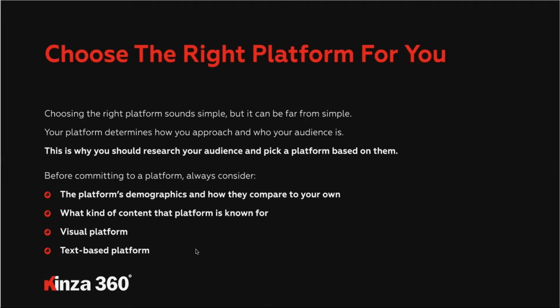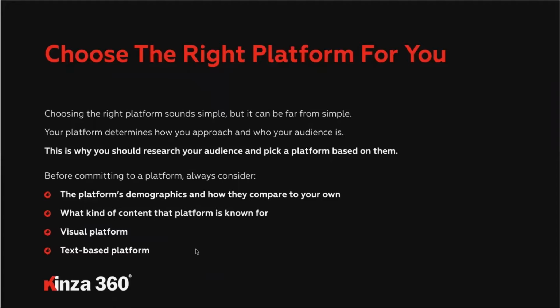Choosing the right platform sounds simple, but it can be far from simple. Your platform determines how you approach and who your audience is. This is why you should research your audience and pick a platform based on them. Before committing to a platform, always consider the platform's demographics and how they compare to your own. For example, Outbrain has a few publications that are also sports related.